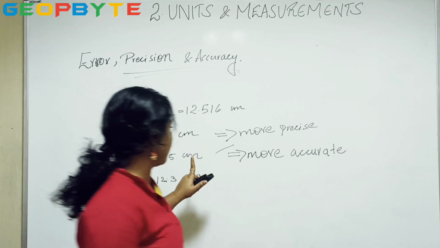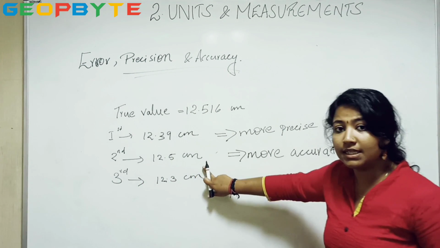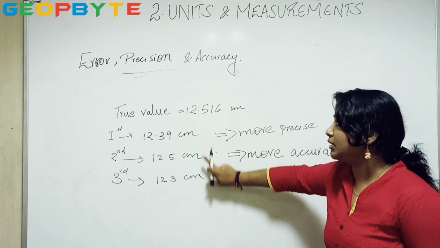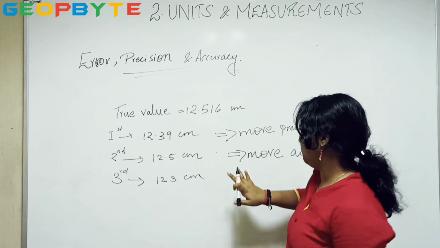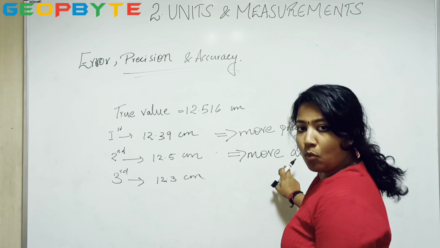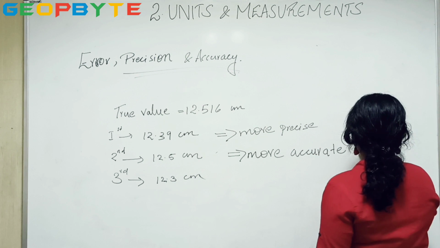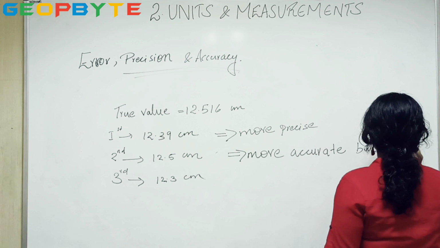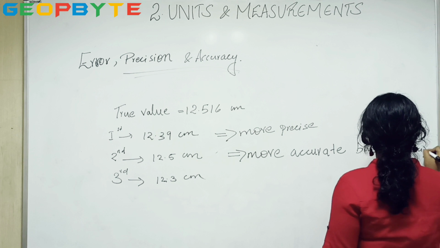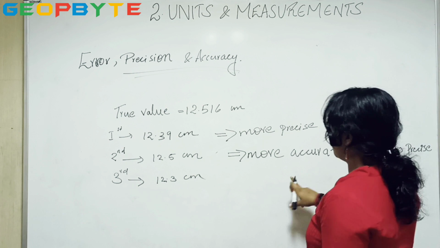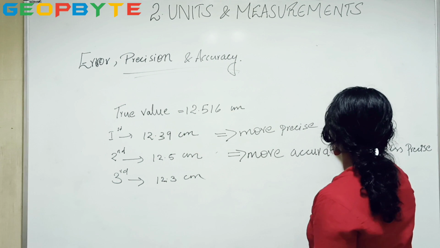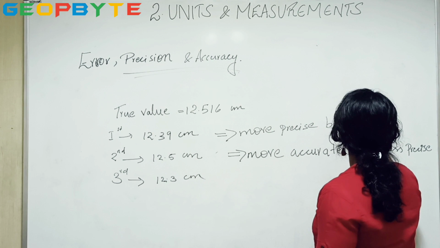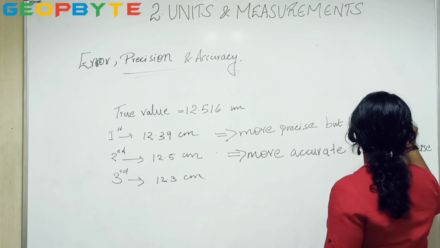So even though this one is more accurate because it is close to the true value, it is less precise. And the first one, even though more precise, is less accurate.